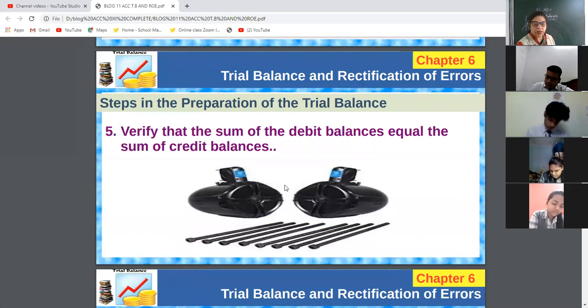Now see, verify that the sum of the debit balances equals the sum of credit balances.